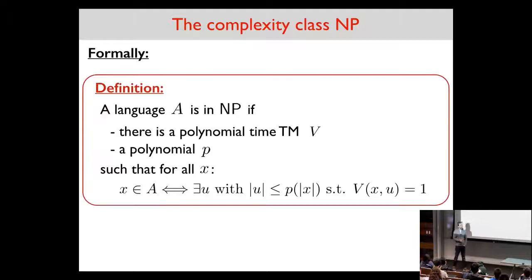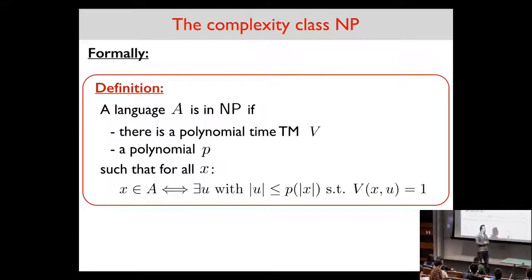So that's informally. Let's do it now formally. We say that a language A is in NP if there is a polynomial time Turing machine, or polynomial time algorithm, which we'll call V. We usually call Turing machines M, but in this case we call it V because this is going to be a verifier algorithm.